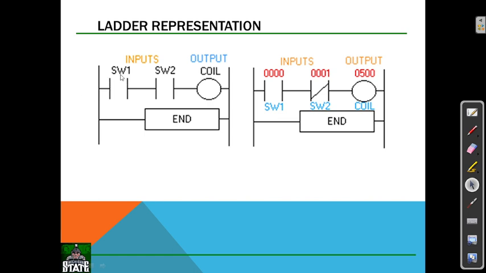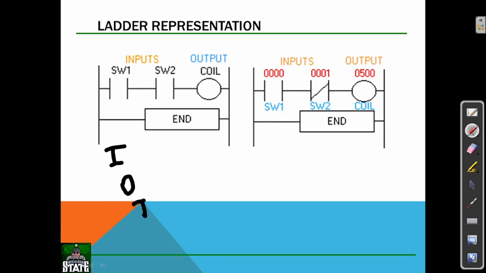The SW1 switch has the address 000, SW2 has address 001, and this output coil has an address of 050.